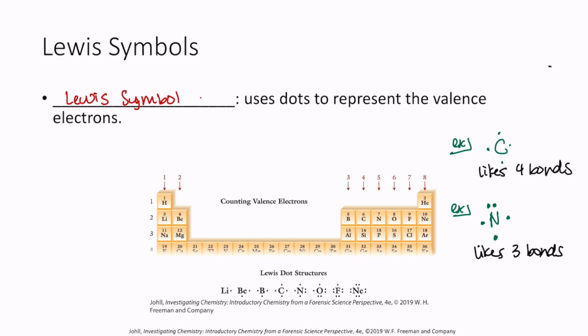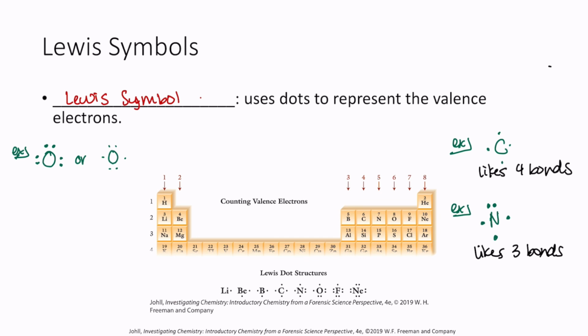When you are drawing these Lewis symbols, what is very important is don't get caught up on where to put the dots. Just have your element symbol with the valence electrons shown around it. So if we're dealing with oxygen, this Lewis dot symbol or this Lewis dot symbol, they're the same. It's all good.